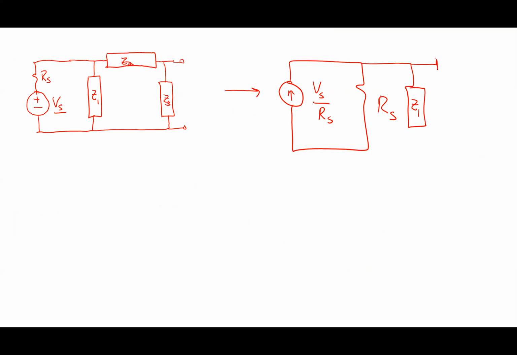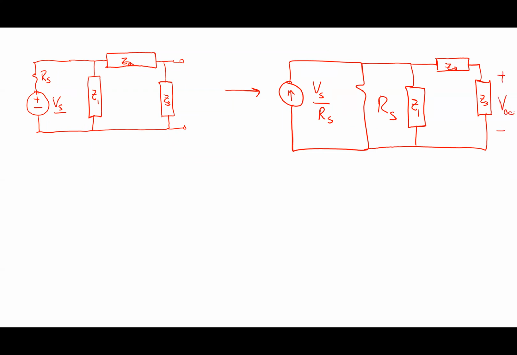And then I've got Z2 and Z3 in parallel. And actually, this is a good exercise to go through. This guy, I would use a current divider here. Like that. Right. So if you look at that arrangement, here's VOC.